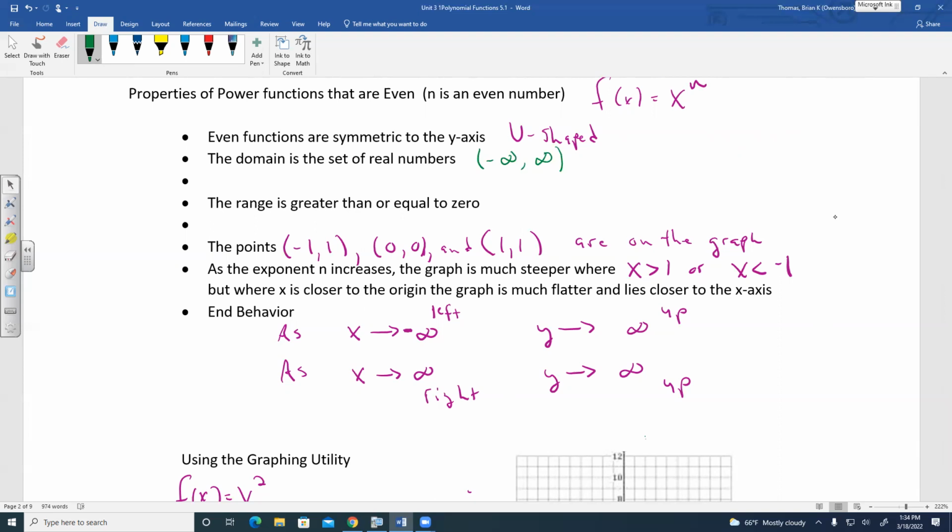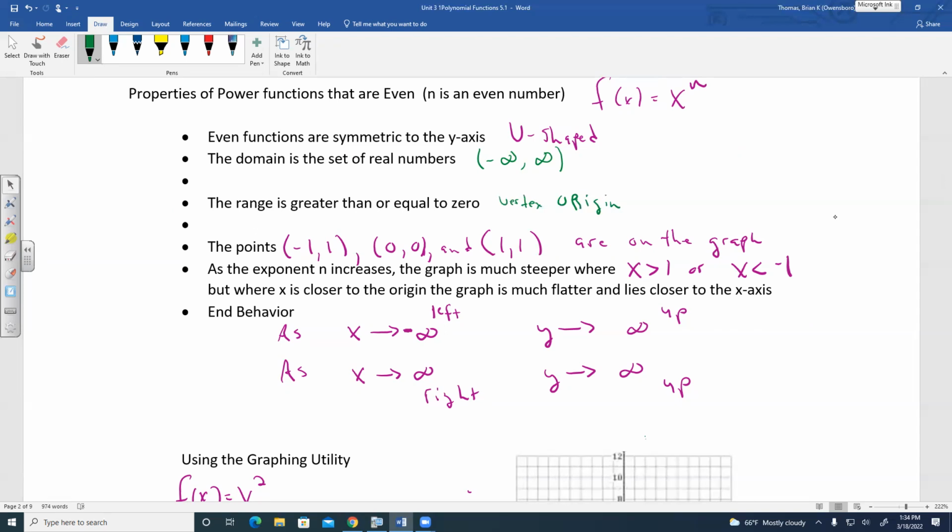The range is going to be greater than or equal to 0. So in other words, its vertex is going to be at the origin. And also, what I say about the power function, there's not actually a coefficient here in this one.